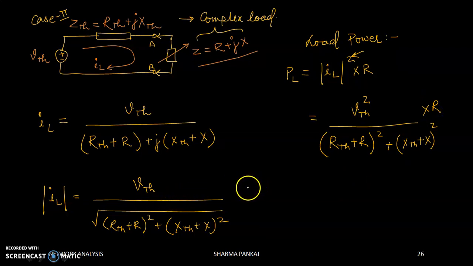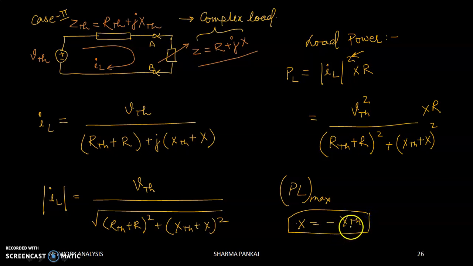Now to get the maximum value of PL, the denominator of the equation should be small. For that select X is equal to minus XTH. If we select X is equal to minus XTH and put it here, it will become VTH square into R upon RTH plus R whole square.